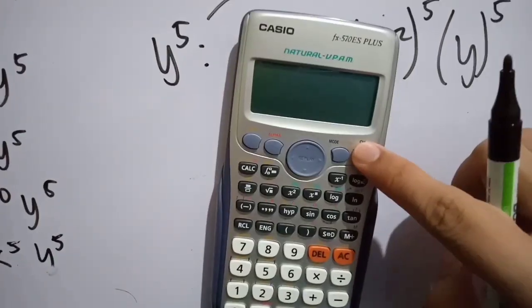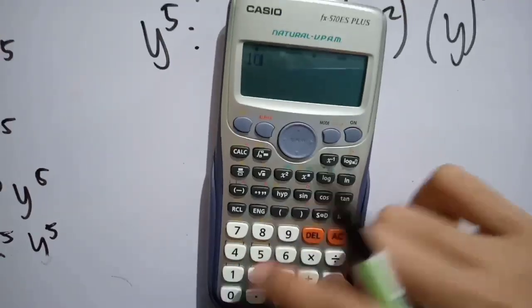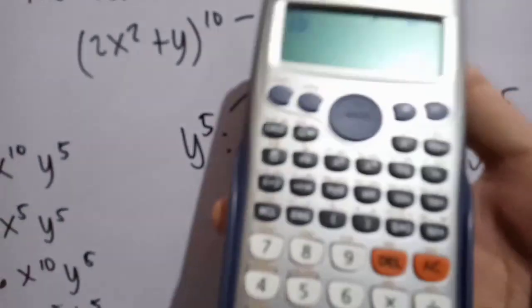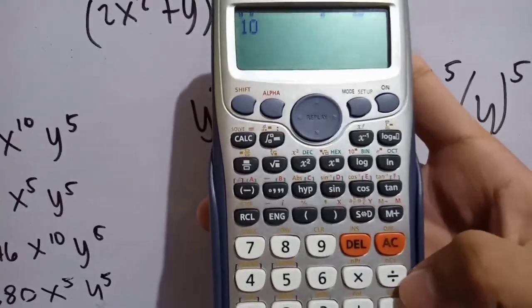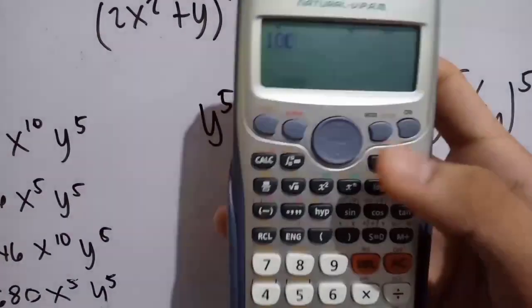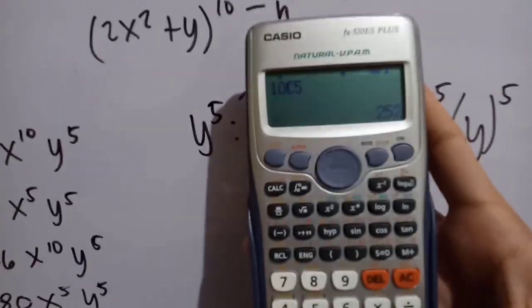So ganito lang. 10 shift, tapos yung merong combination dito, which is itong divide, meron siyang combination, tapos yung r mo 5. So ang sagot ay 252.